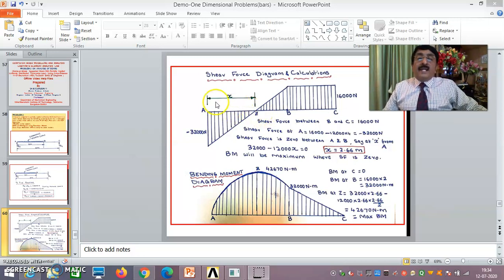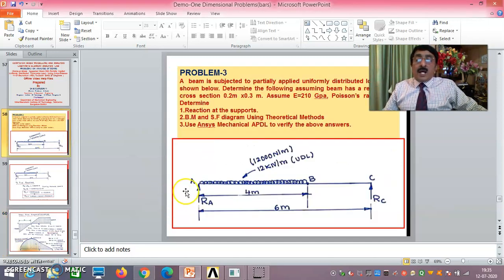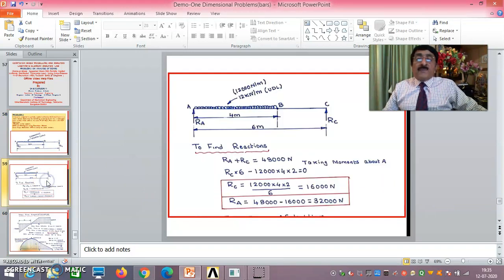Let us say shear force is 0 at a distance of X from the left support A. Upward positive 32,000 minus the UDL, 12,000 Newton per meter up to X, that is 12,000 into X. Did you follow? RA is 32,000.